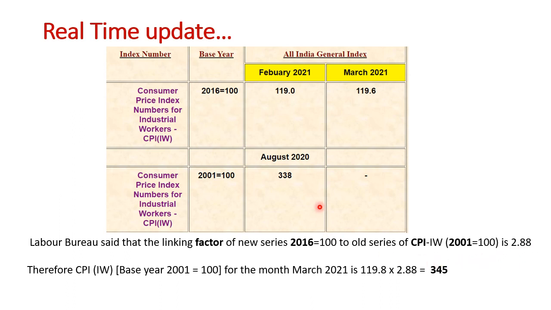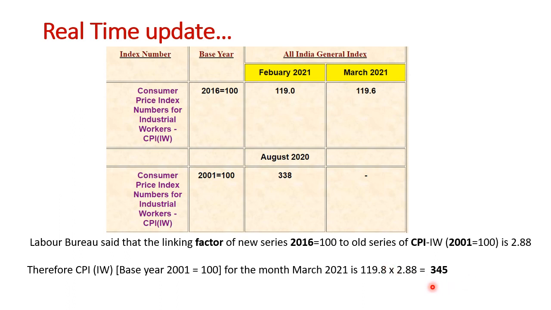Like, if the Labor Bureau is giving the CPI for industrial workers for March as 119.8, to calculate the consumer price index as per the base year 2001, we have to multiply 119.8 by 2.88. That comes out to be 345.